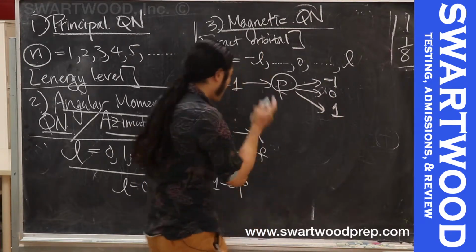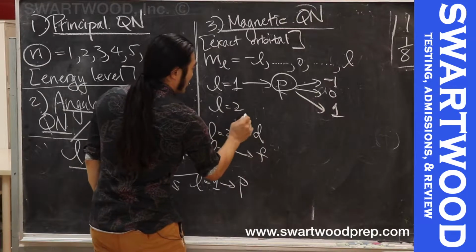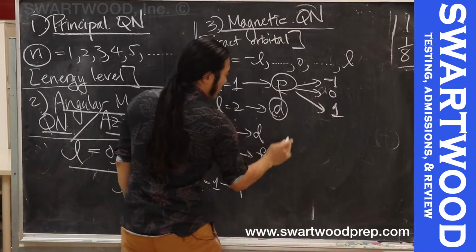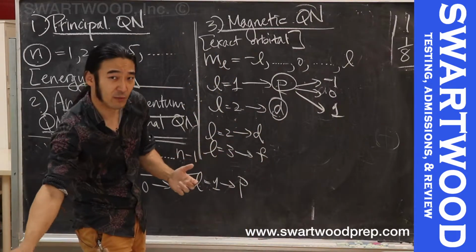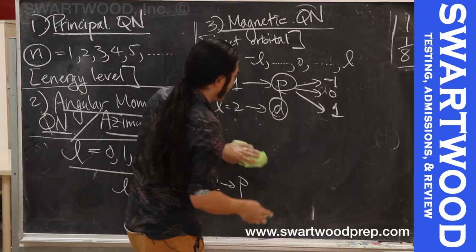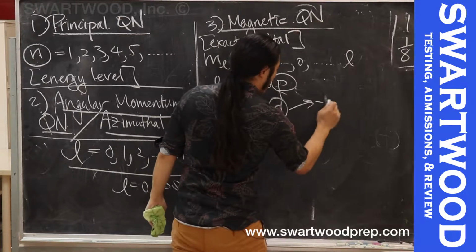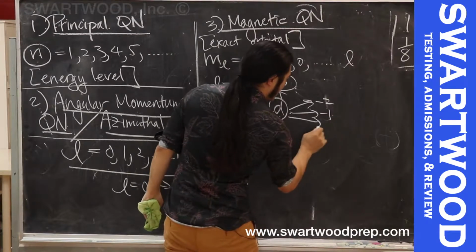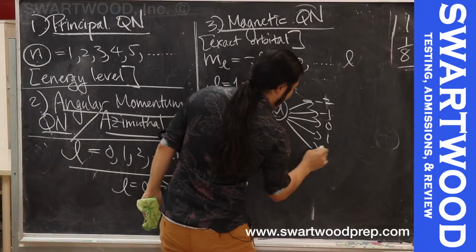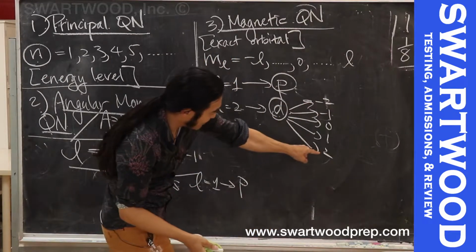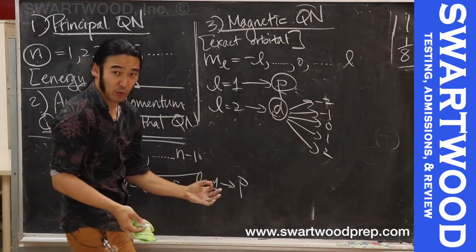Okay? You probably remember from school that for L equal to 2, when you talk about a d orbital, you know you have 5 d orbitals available. But let's actually figure that out. Because then the names here will be something like this. -2, duh. -1, 0, 1, and 2. And again, 1, 2, 3, 4, 5 names. 5 names implies there are 5 d orbitals, right?